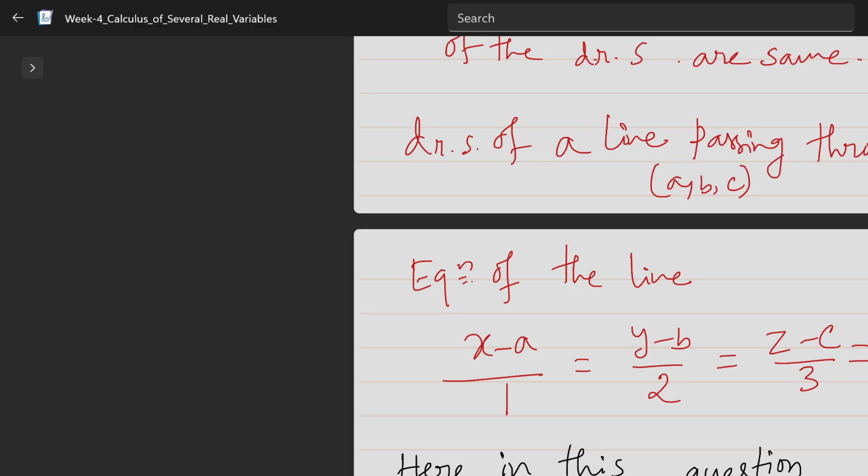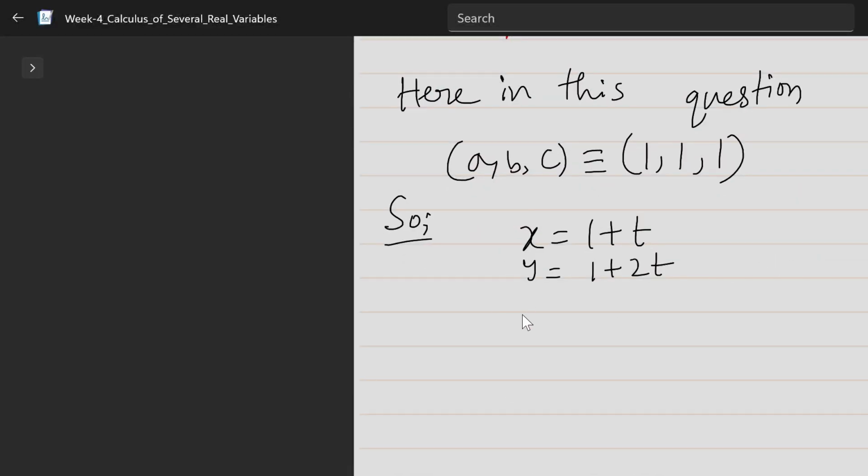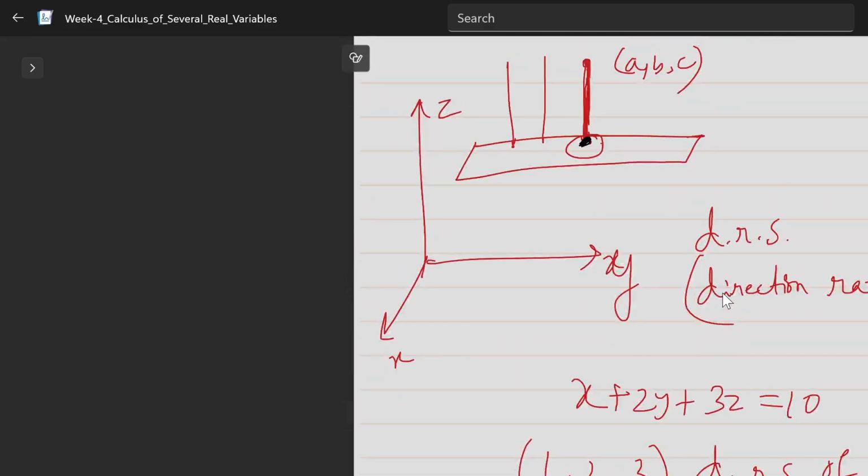So x is 1 plus t, y is 1 plus 2t, and z is 1 plus 3t. Now t can be any parameter, but for this particular t, this black point lies on this line and also on this plane.